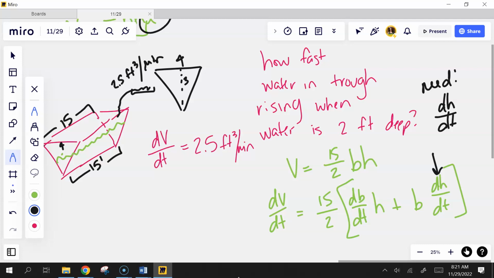So that is my, when H is 2. When the water is 2 feet deep, so when this is 2, how is it changing? So how fast is it rising when it hits 2 feet?